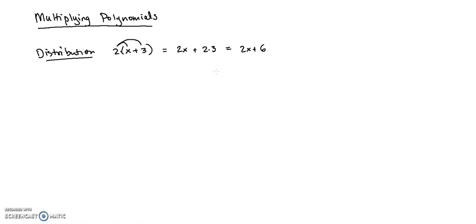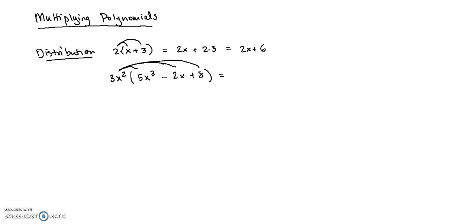All right, so we can extend that on and do bigger multiplication items, like let's say we've got 3x² times (5x³ - 2x + 8). If we want to distribute this, then we would just make sure that everything on the inside gets multiplied by everything on the outside.